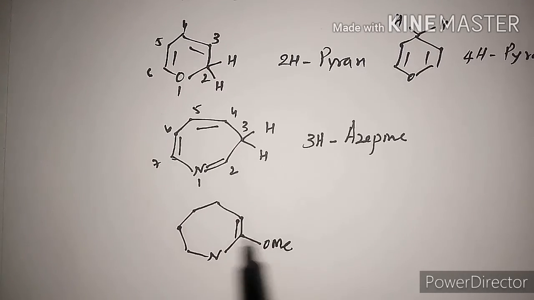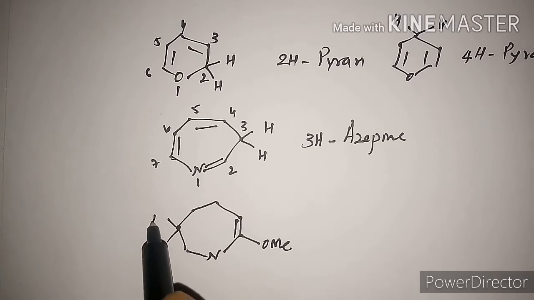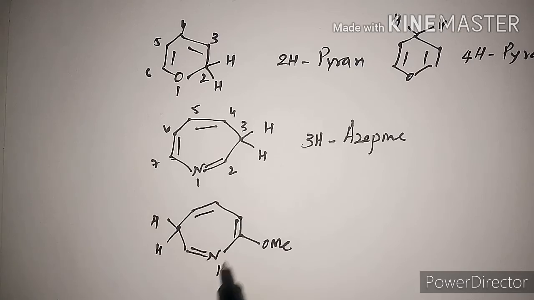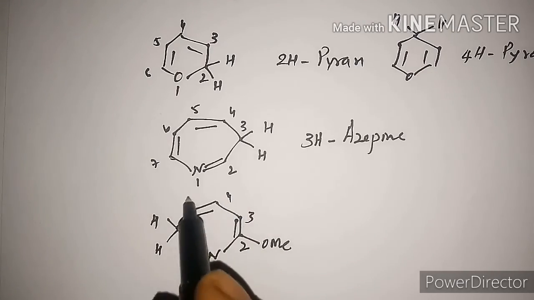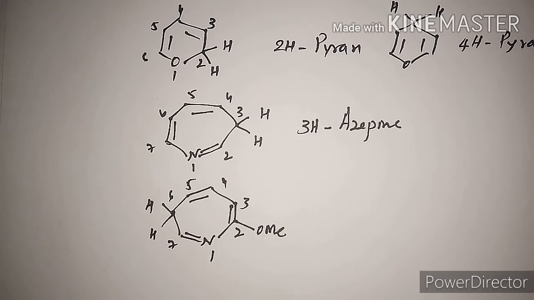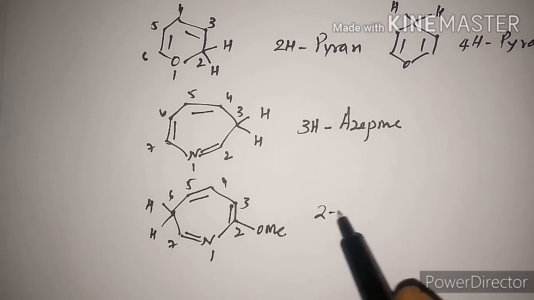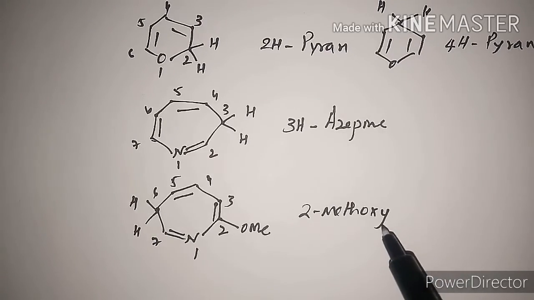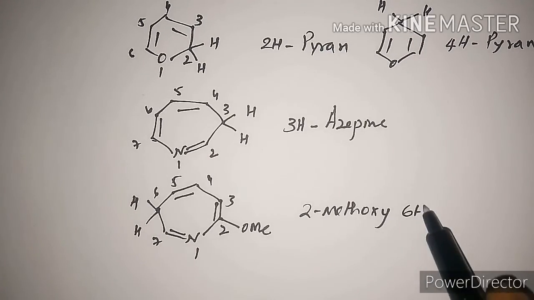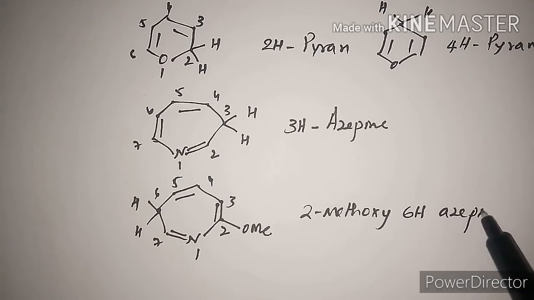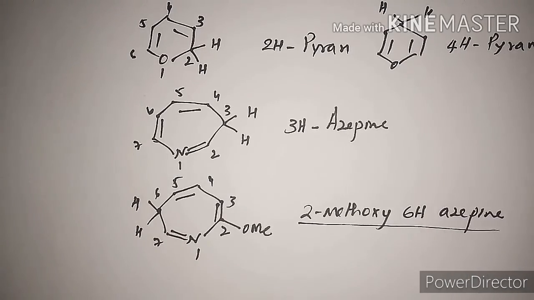This is OMe. Now here it is H. Now this is 1, 2, 3, 4, 5, 6, 7. The sixth carbon is saturated, so we can write this as 2-methoxy-6H-azepine. So this is the name of this compound.